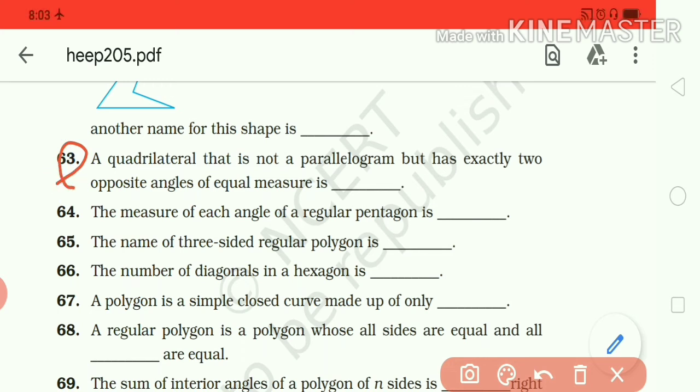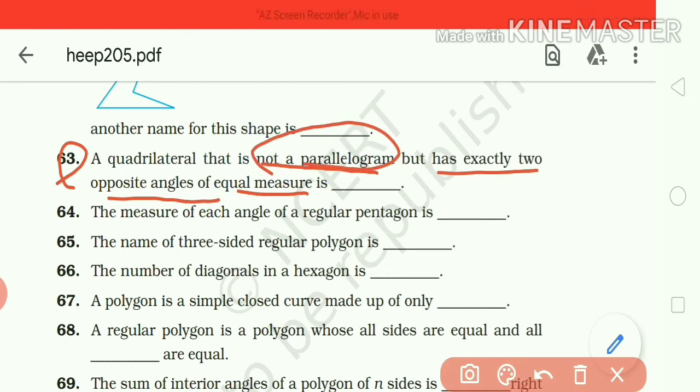So question number 63. A quadrilateral that is not a parallelogram but has exactly two opposite angles of equal measurement. Okay, this is not a parallelogram, students, but it has exactly two opposite angles of equal measurement. This happens in the rhombus also, right?